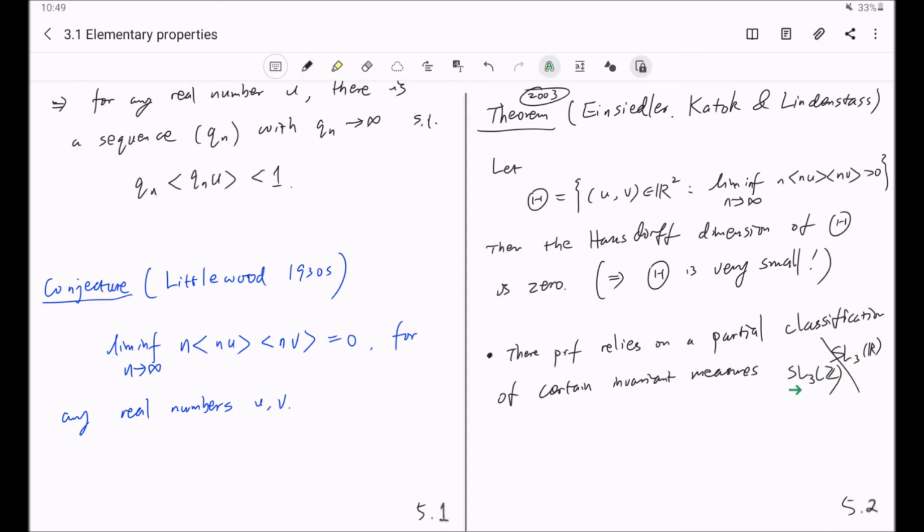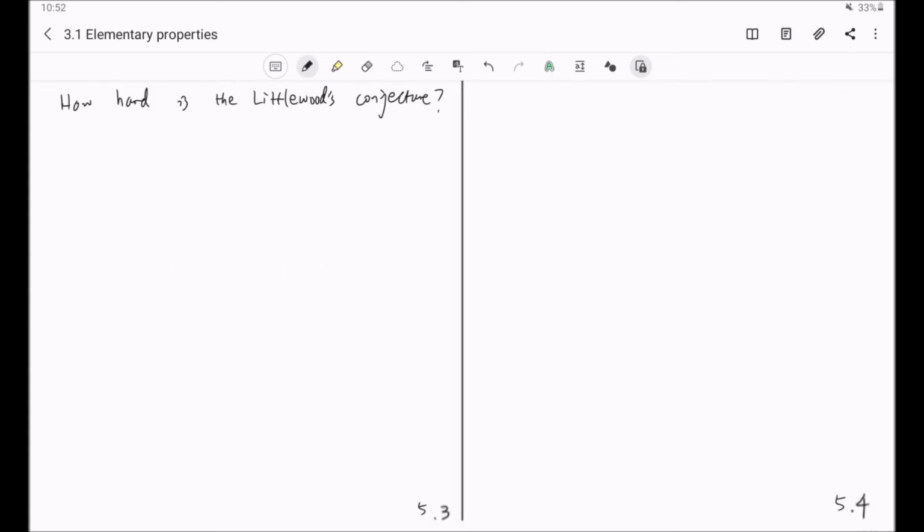This is a space of cosets of SL3Z in SL3R. And now let me give you some feeling how hard the Littlewood conjecture is. As I said earlier, the proof of the Littlewood conjecture can be boiled down to the classification of certain invariant measures.